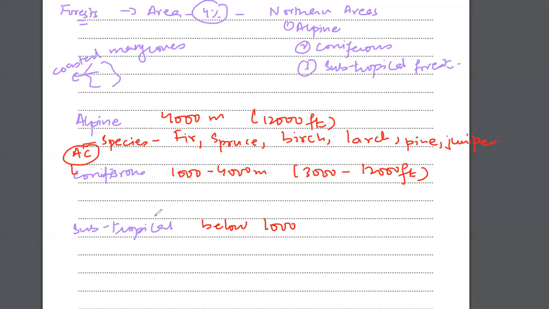Okay. Then when we talk about subtropical, since these are found on the hills, the types are chestnut, walnut, oak.